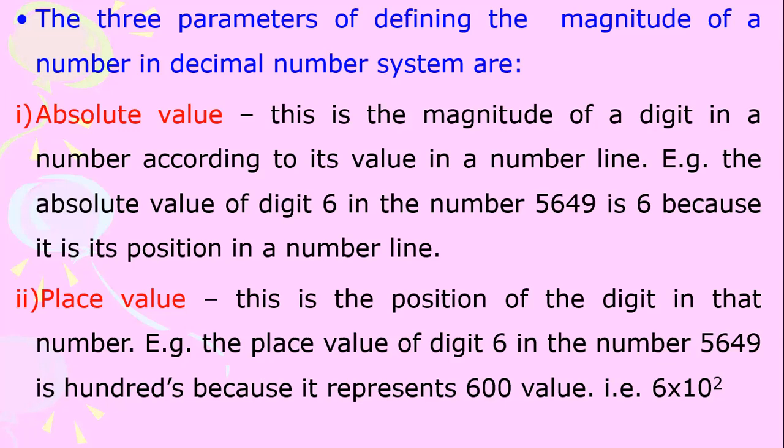Remember, 5 in terms of position represents thousands, 6 is hundreds, 4 is tens, while 9 is ones. That's how we arrive at the place values of digits in a number.